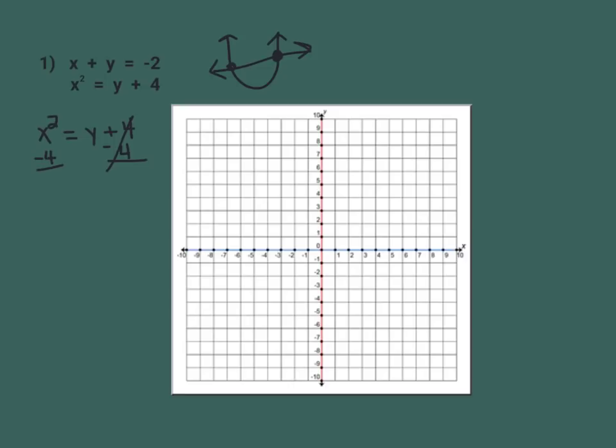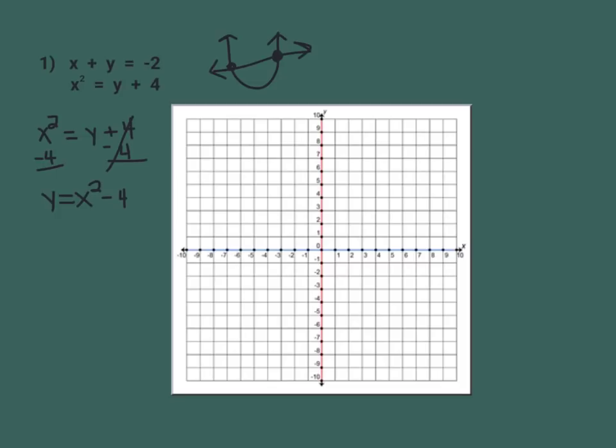And I'm going to actually just bring down the y equals on the left-hand side of the equation. It doesn't matter. And then I'm going to take this x squared minus 4 and bring it over here on the right. Okay, now here's our equation. So now I'm going to have you take out your calculator, and I'd like you to go to y equals and plug in x squared minus 4.